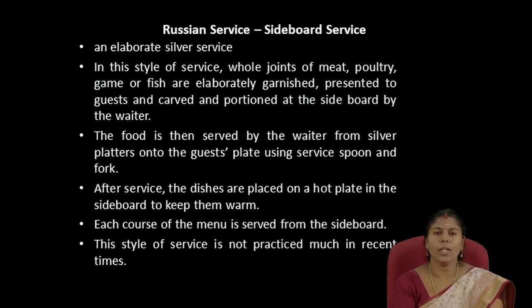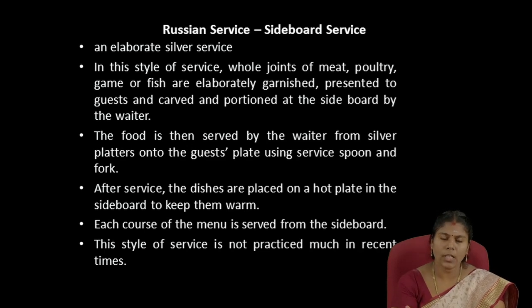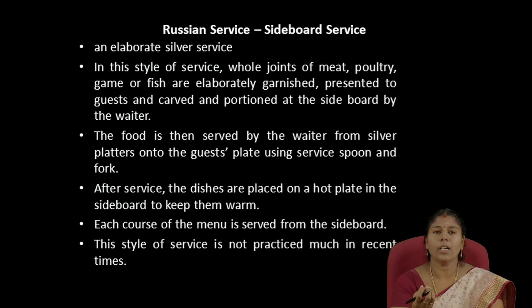For example, if the customer requires grilled chicken pieces, the whole grilled chicken is placed on the side plate, and the customer can choose which part they require and what size.